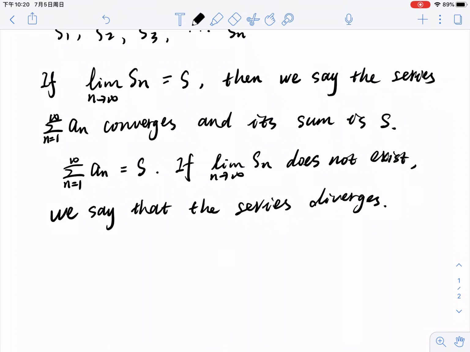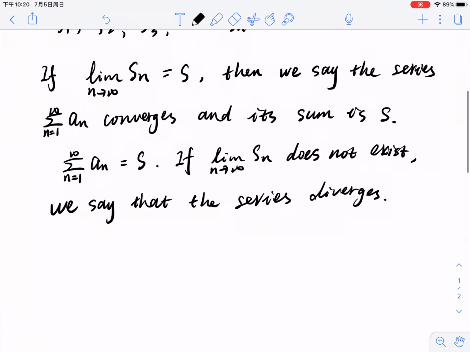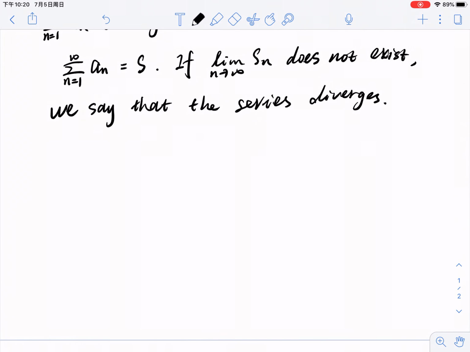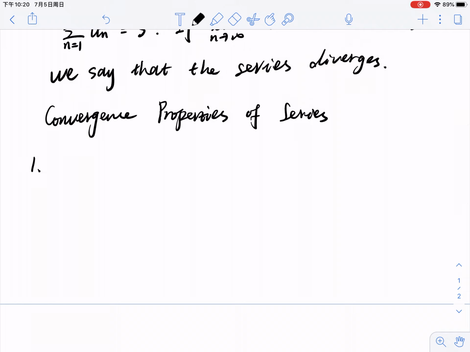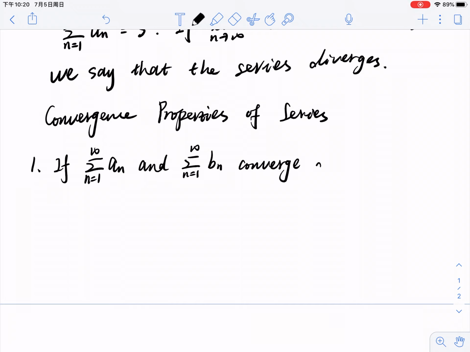Next we give some properties that are useful in determining whether or not a series converges. It's called convergence properties of series. If we have two convergent series, and if k is a constant, then the sum of these two convergent series is still convergent.